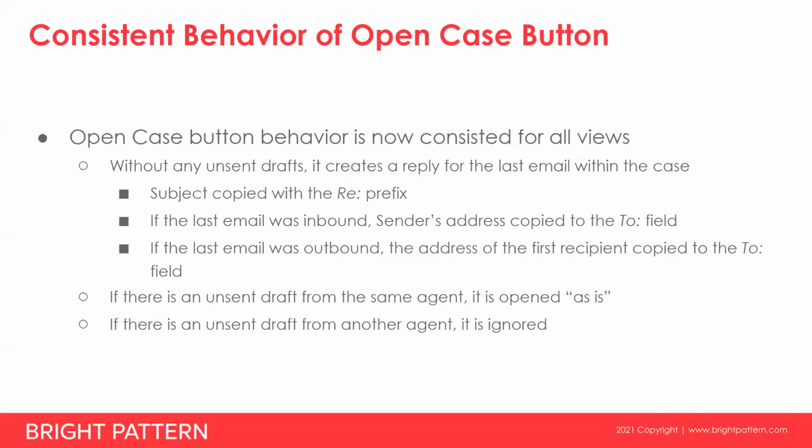If the last email was inbound, the sender's address is copied to the To field. If the last email was outbound, the address of the first recipient is copied to the To field. And then there is no change if it's open from another agent, and an unsent draft from the same agent is opened the same way it was before when it was closed.